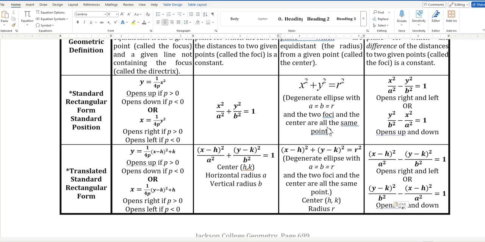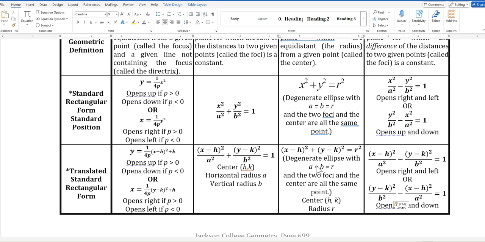Then when we translate the circle by the vector (h, k), we now get the general form for a circle, (x minus h) squared plus (y minus k) squared equals r squared. That's going to be a circle with center (h, k) and radius r. You can think of that as a degenerate form of an ellipse where a and b and r are all the same thing.